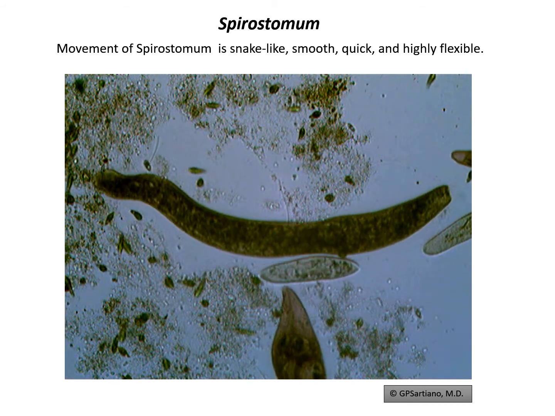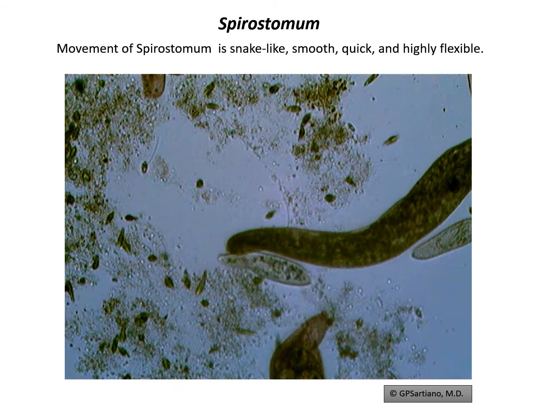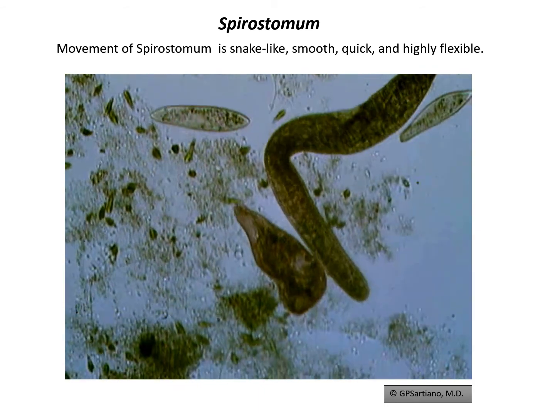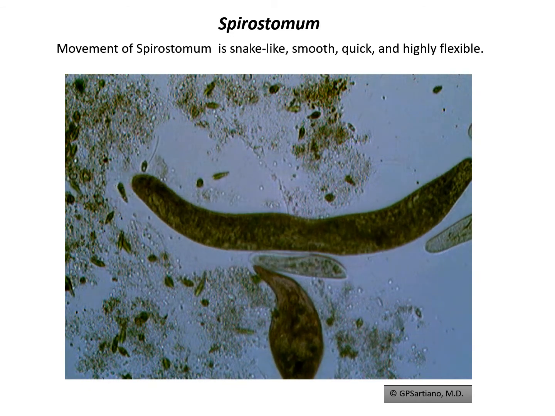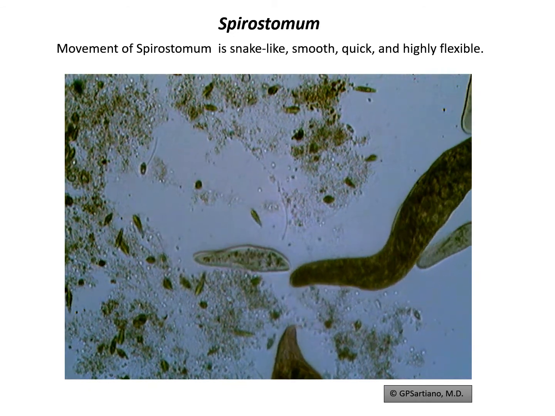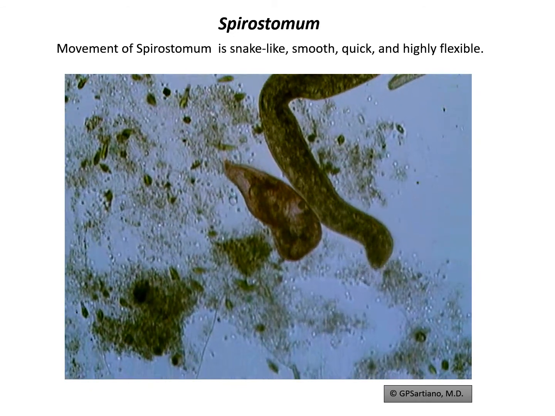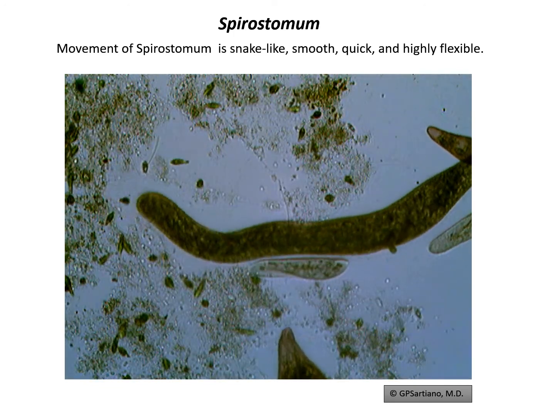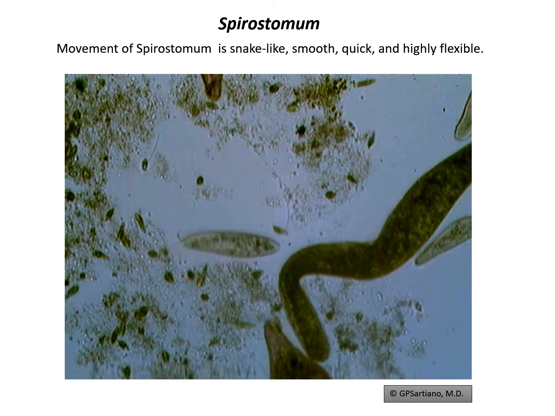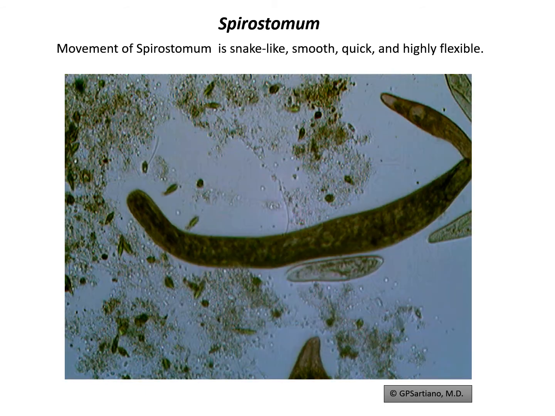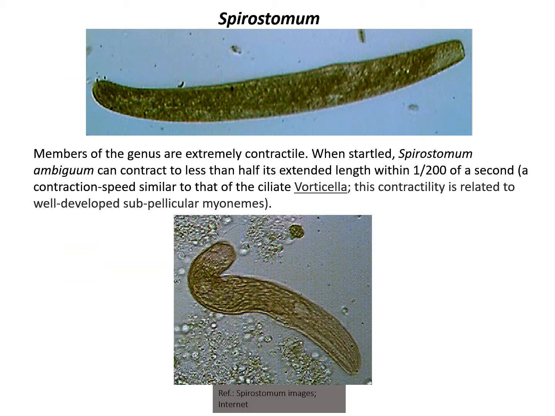The movement of Spirostomum is snake-like, smooth, quick, and highly flexible. Note the comparison of the size of Spirostomum with that of Paramecium. Members of the genus Spirostomum are extremely contractile.